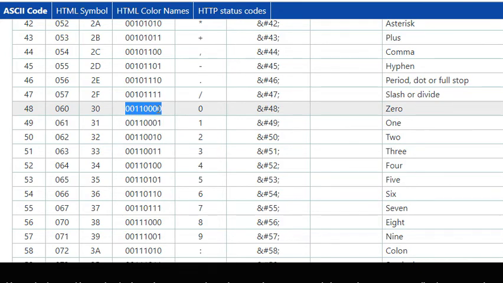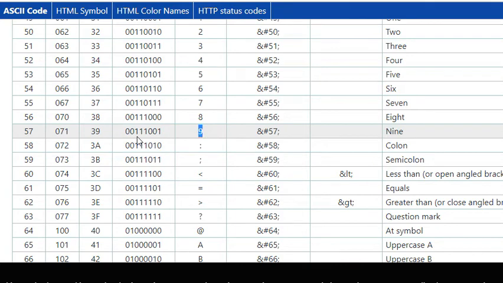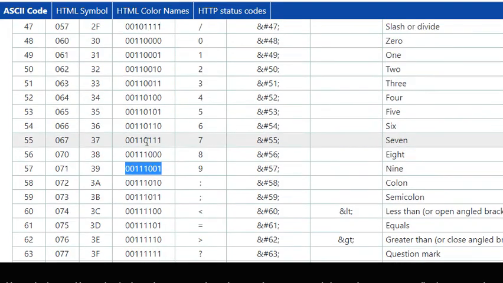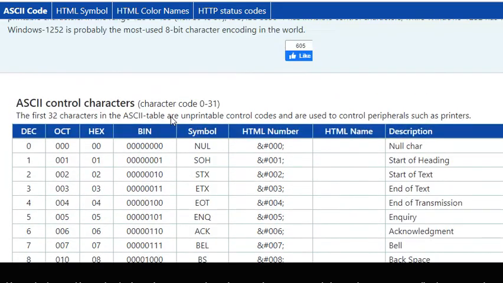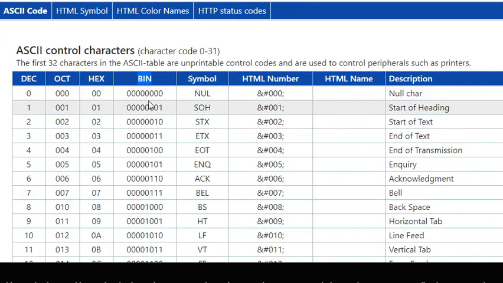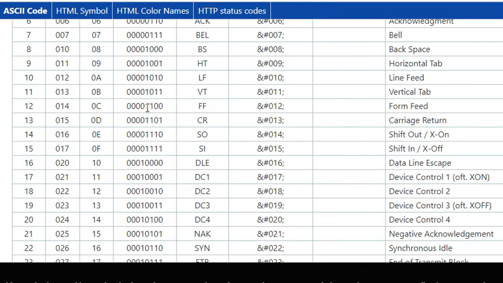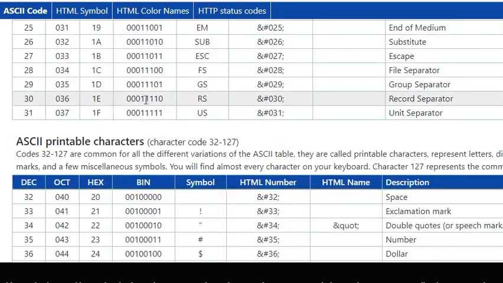The computer does not recognize the 0 or the 9. What the computer understands for a character is that combination. So this is binary. We also have octal, decimal, and hexa, which we will discuss later. But for now, the computer only understands the binary combination.